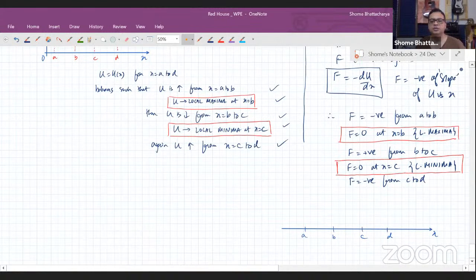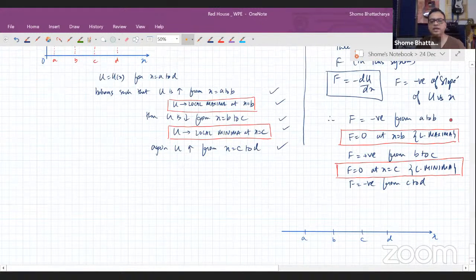So as long as we are just talking about the direction of the force, you can see that between A and B, the direction of force is negative. It's a negative direction force. At B, the force is 0. Then between B and C, the force is positive, so it's pointing in this direction.